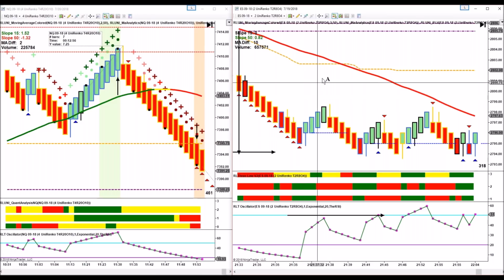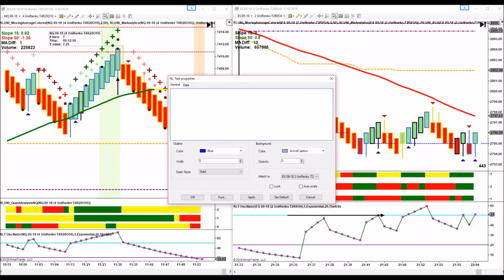You know that all oscillators are based on the comparison between the high of a move and the close for a long, and the low and the close on a short. Yeah, I'm right.